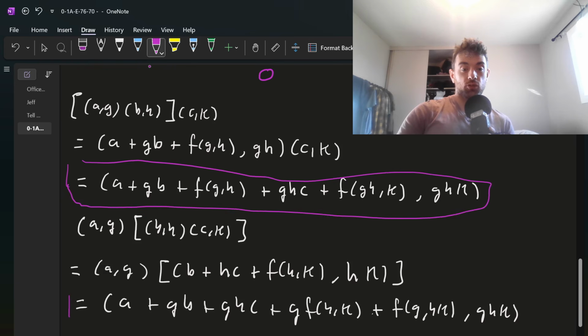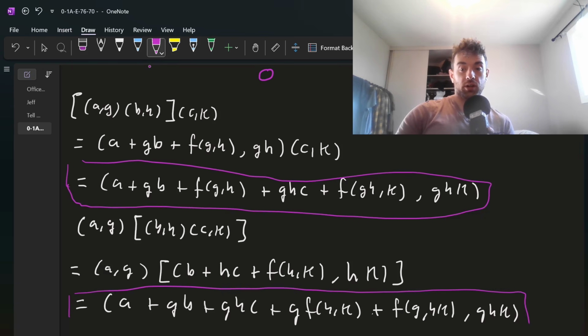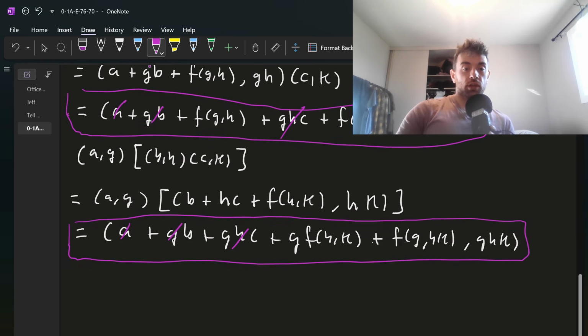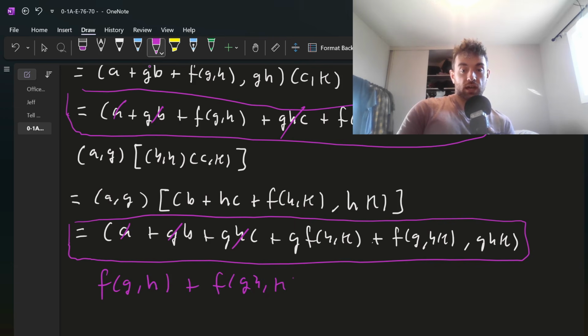If there's any hope for this being associative, we need to compare these two terms. So the A's match. G dot B matches. GHC matches. And what we find is we're left with the condition that we need FGH plus FGHK to be equal to G acting on FHK plus FGHK.